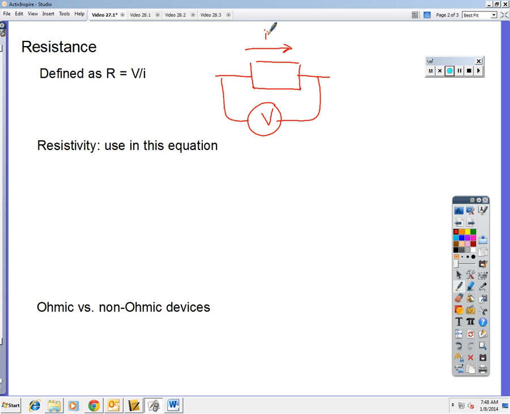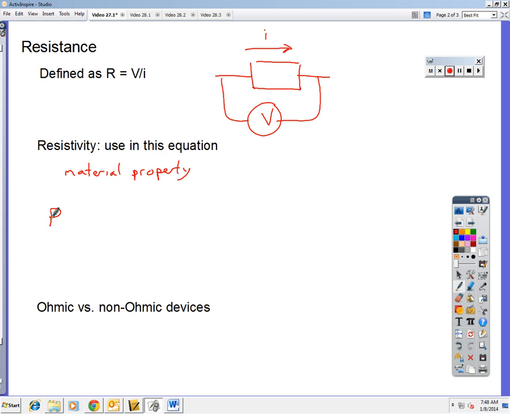You should have a look at it. But the main thing you need to know is that resistivity is a material property, meaning everything that's made of copper has the same resistivity, everything that's made of iron has the same resistivity, everything made of silicon has the same resistivity, and so on.